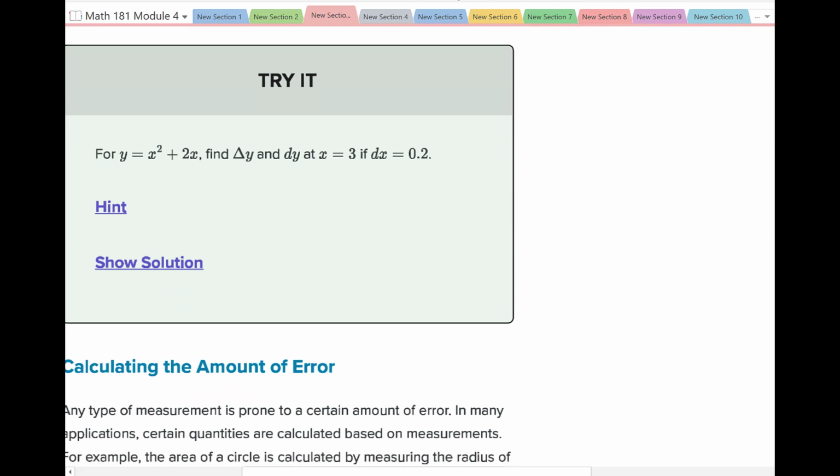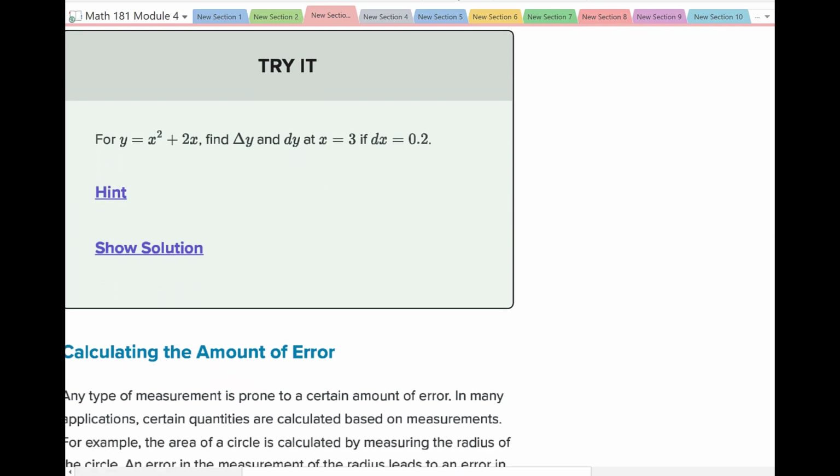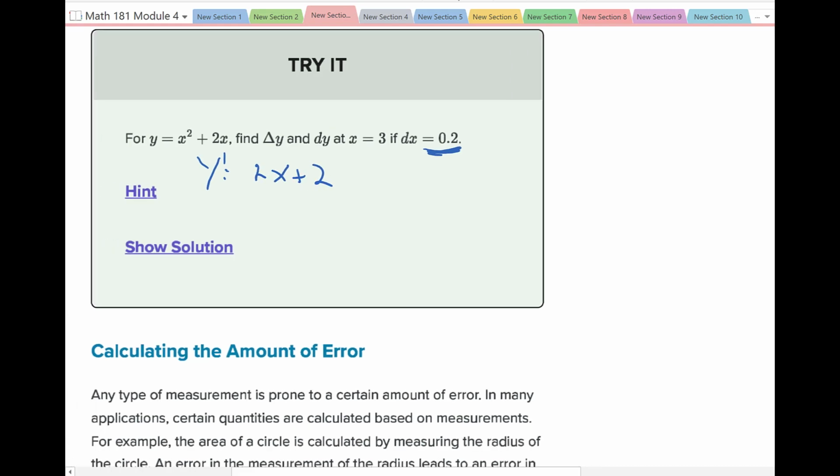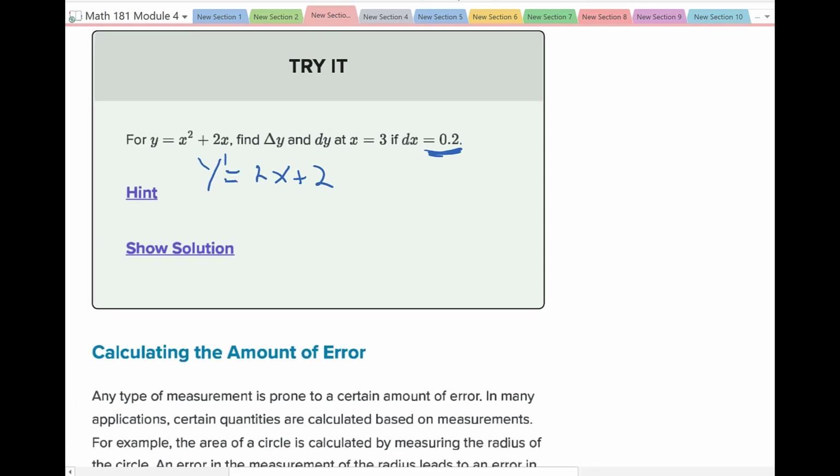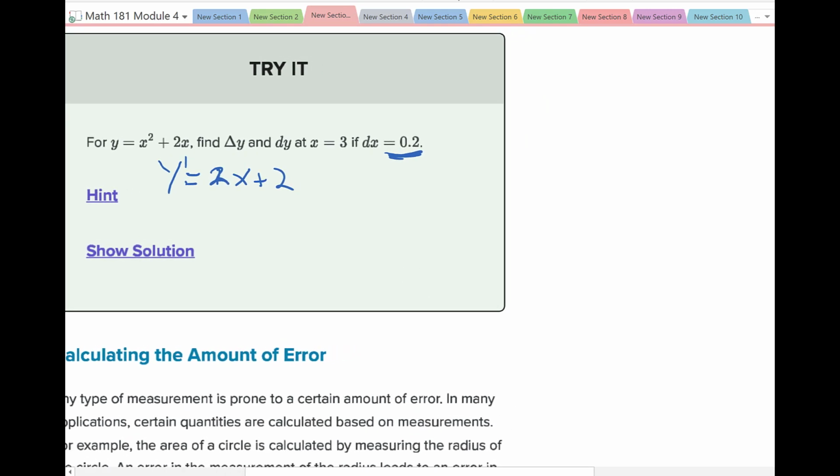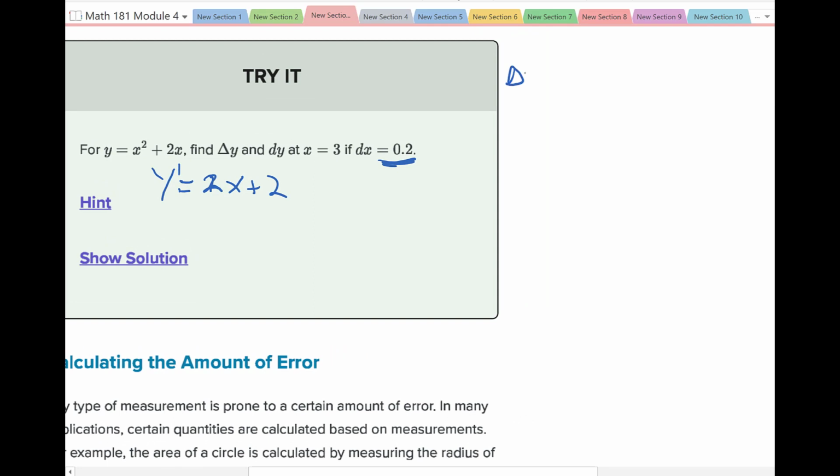Try another one like this. So it's the same setup, but this time our dx is 0.2 instead of 0.1. So again, our y prime is 2x plus 2. So for our delta y, we're looking at f of 3.2 minus f of 3.